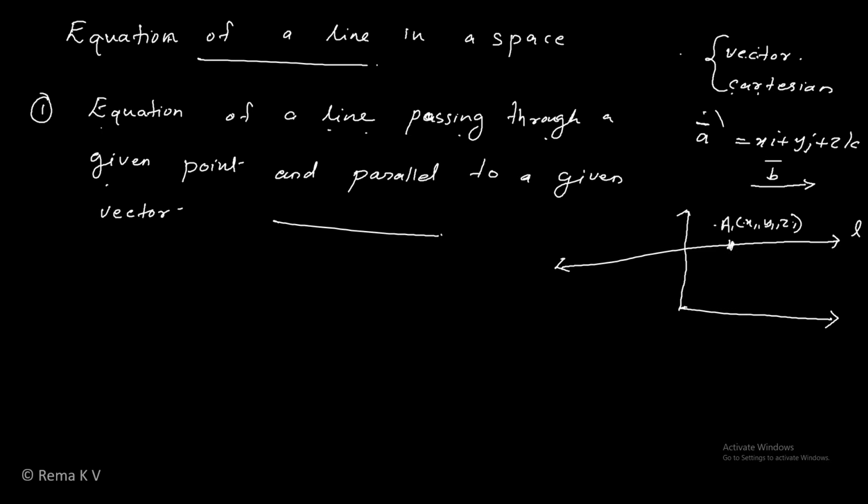So let us consider this point A. Its position vector is the vector joining A to the origin. This is the position vector of the point A. Let us consider this as vector A. So vector A can be written as x1i plus y1j plus z1k.